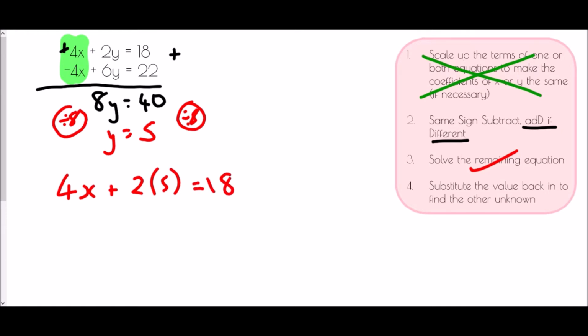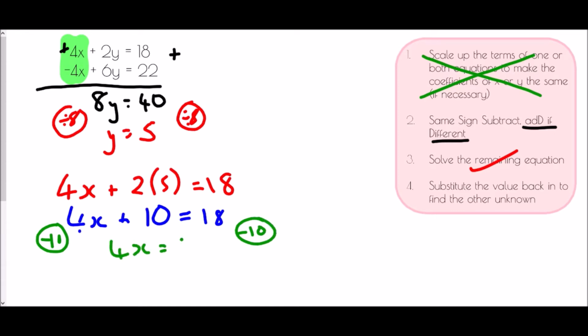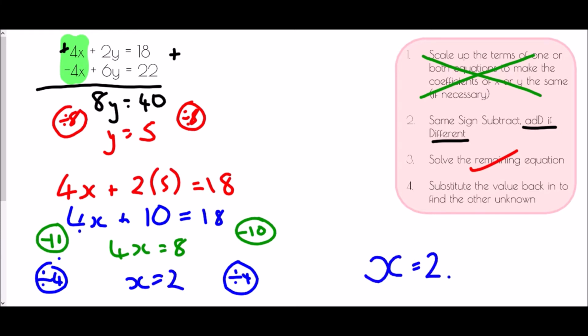And so if we just work those bits through, so 4x plus 2 times 5 is 10 equals 18. So then I will subtract the 10 on both sides. So 4x equals 8. And finally, I will divide by 4 on both sides. And so x equals 2.